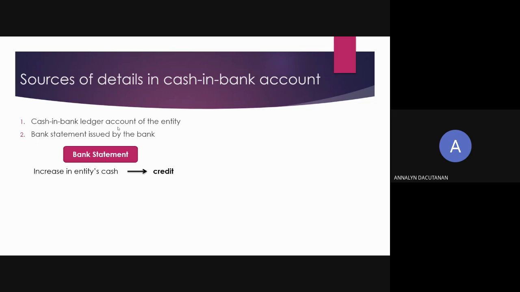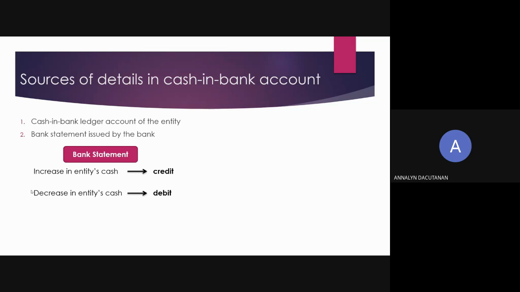So, if we are talking about bank statement, lahat ng laman ng credit side increases the entity's cash. Whereas, kapag na-debit yung account mo, ibig sabihin, nabawasan yung cash mo sa bangko.